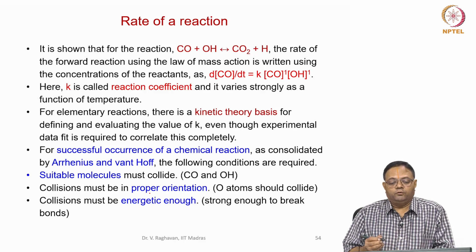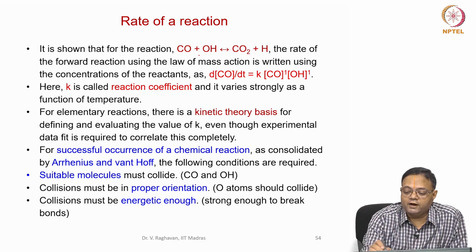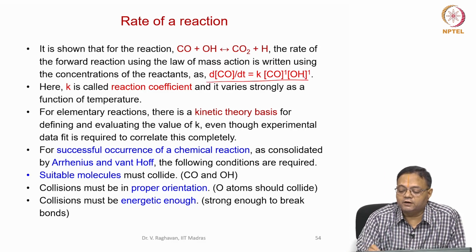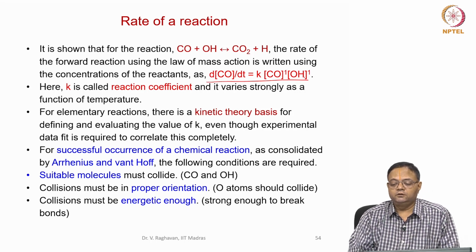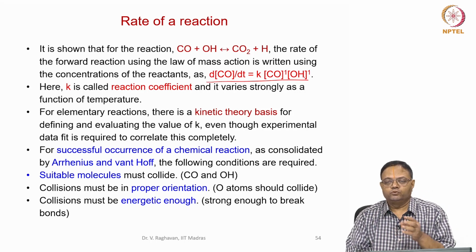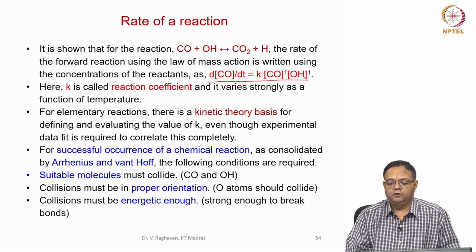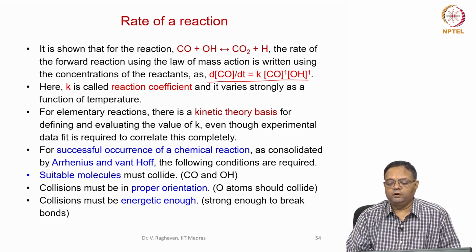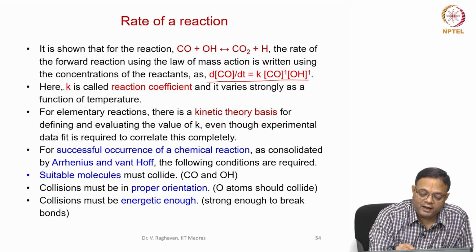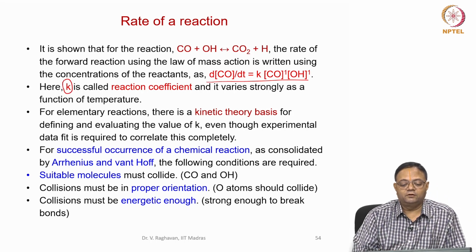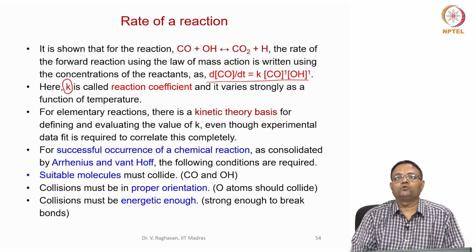Now, we have already shown that for this reaction, the forward reaction rate is written simply, using the law of mass action, as K times CO power 1 OH power 1. But to determine the value of K is not so easy.